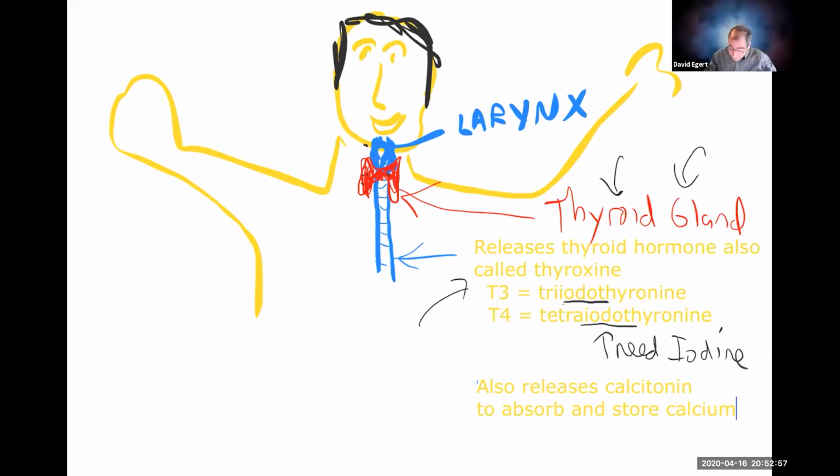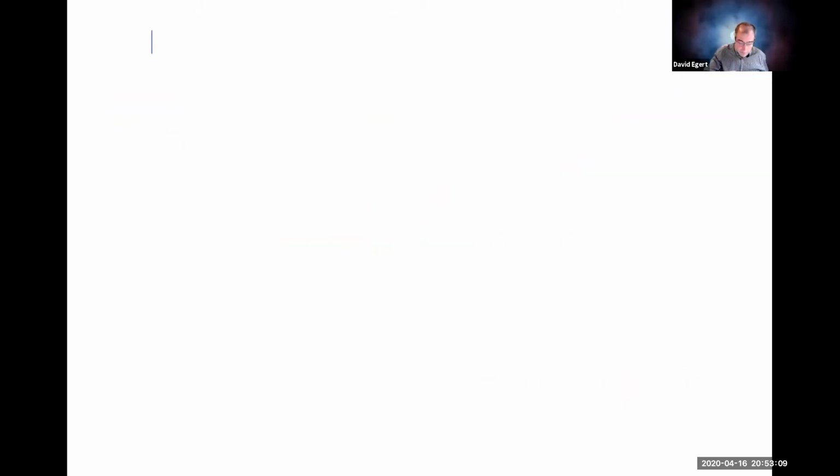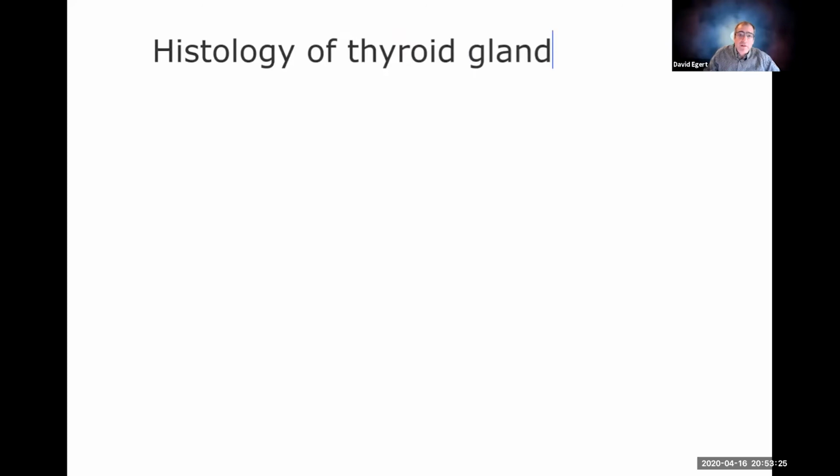Before we leave the thyroid gland, I'm going to go into the histology very briefly. The thyroid gland is actually the only gland that stores its hormone outside of the cells.